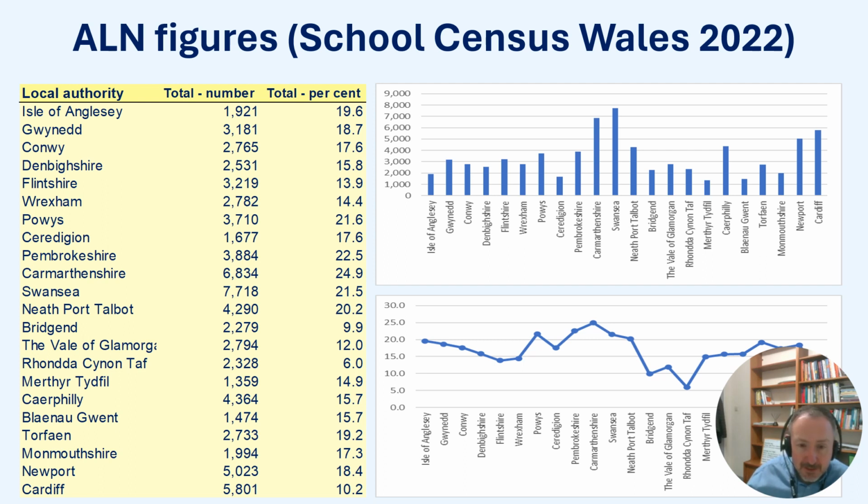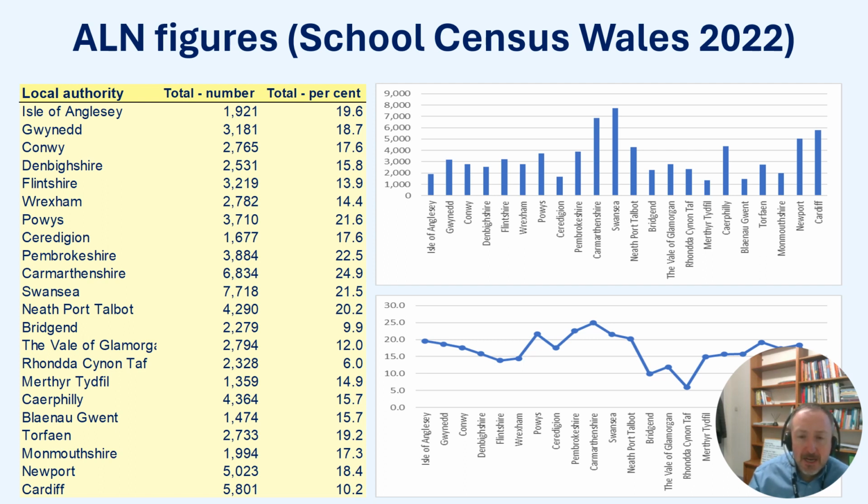We can see, for example, a low of only 6% of learners in the Rhondda Cynon Taf area of Wales, which is a relatively economically deprived area, compared to 19.6% in the Isle of Anglesey up in the north of Wales, or 21.6% in Powys, which is a very rural region in mid-Wales.